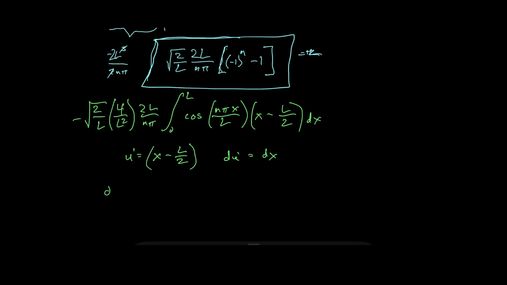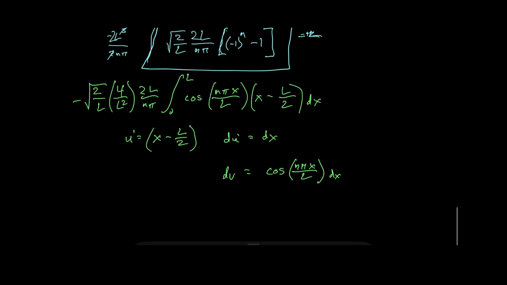So finally, we have that, and then our dv equals cosine n pi x over L dx, and that makes our v L over n pi sine, positive sine, of n pi x over L. Great.